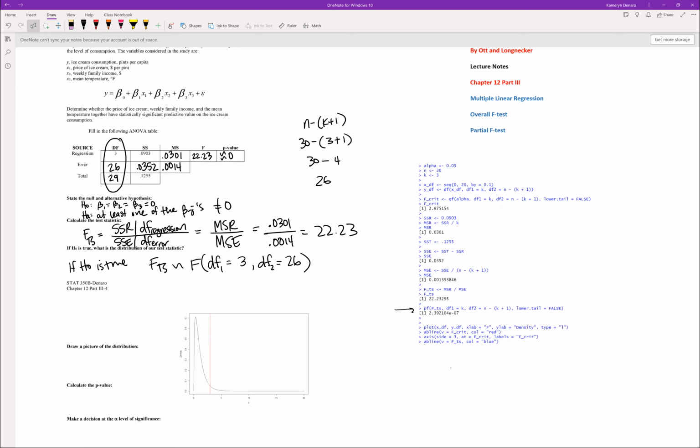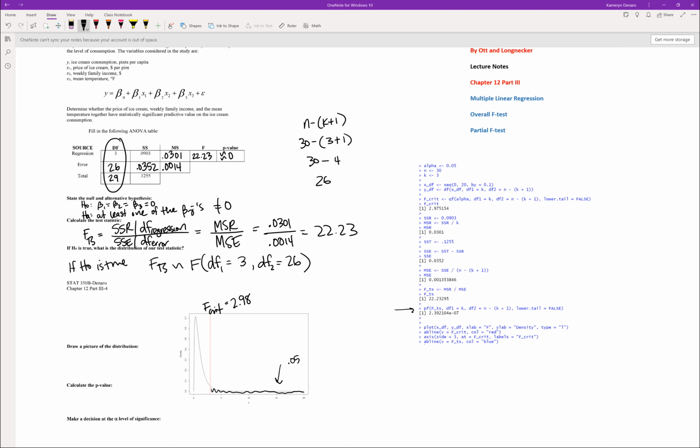Our F critical value, right? So if all of this area here, we set up to be equal to 0.05, we can calculate the F critical value to be 2.975154. Okay, we're going to just round that to be 2.98.